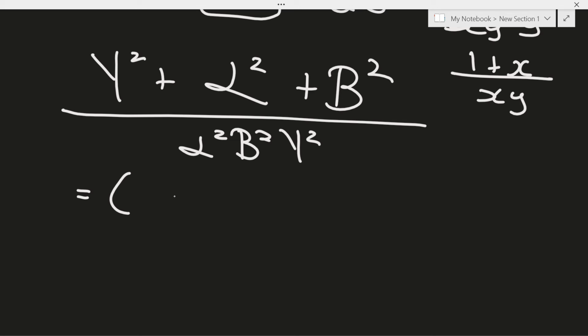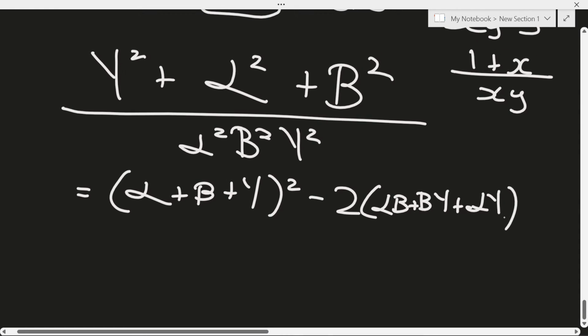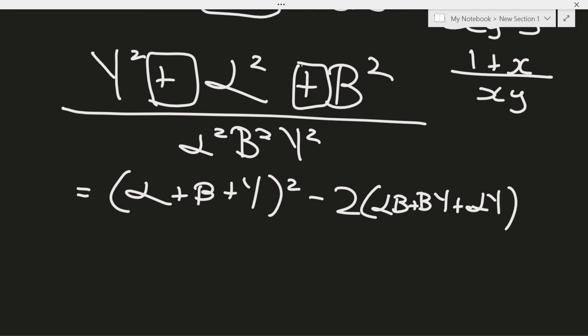It's going to be alpha plus beta plus gamma all squared minus 2 times alpha beta plus beta gamma plus alpha gamma. This is the formula we'll use when we have addition signs in between, and they're all squared.